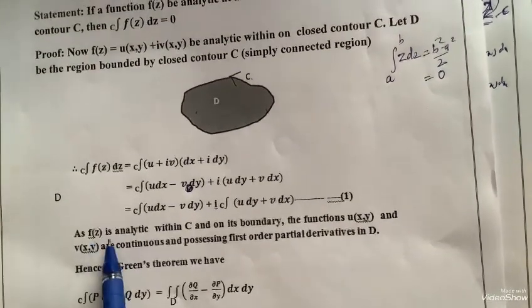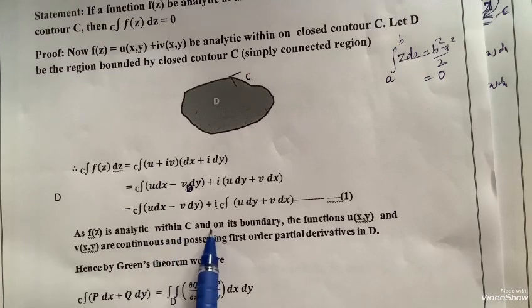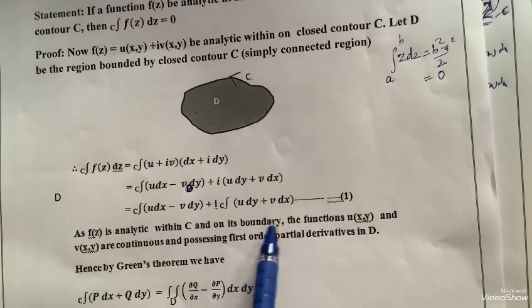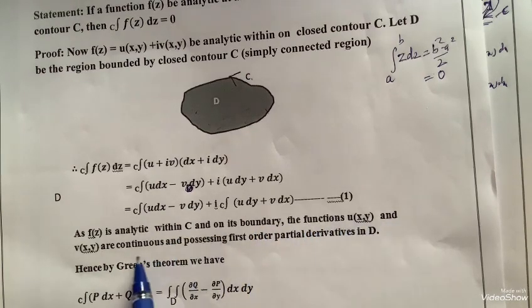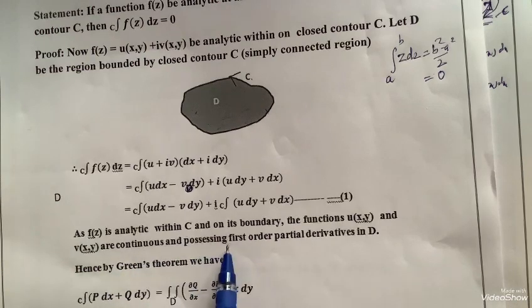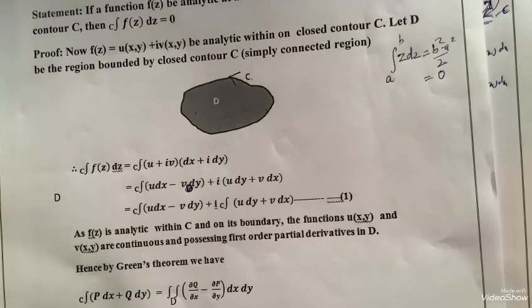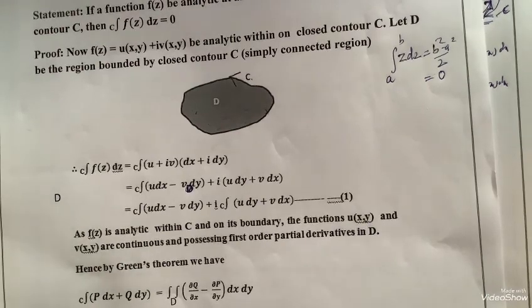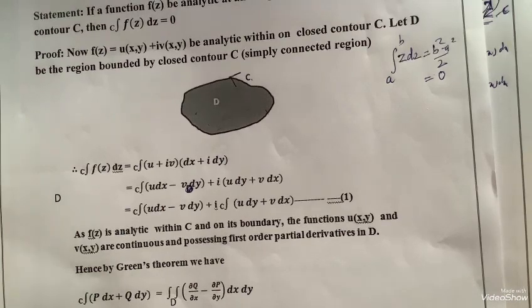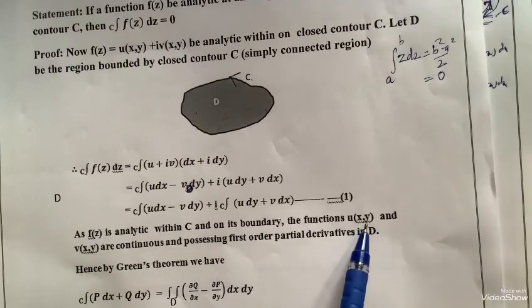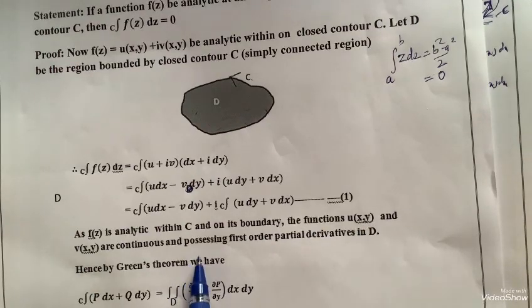Now as function f z is analytic within C and on its boundary, the functions u and v are continuous and possess first order partial derivatives in D, because by using the necessary and sufficient condition for a function to be analytic. If the function is already analytic, then CR equations are satisfied, the first order functions are continuous and first order partial derivatives exist there.